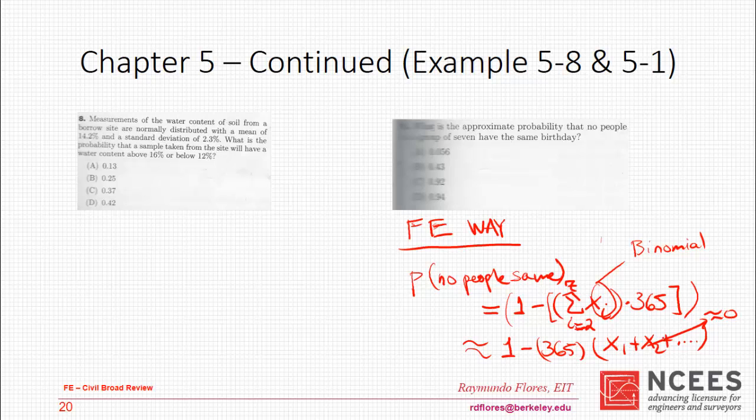If you calculate it using your calculator, it turns out the x1 is going to dominate all later terms by a multiple of 100. So we know that this is just about 0. So the FE way is just to do it this way.